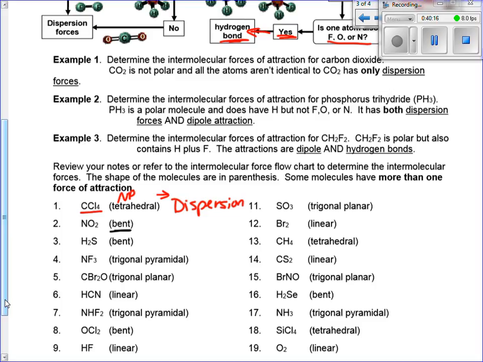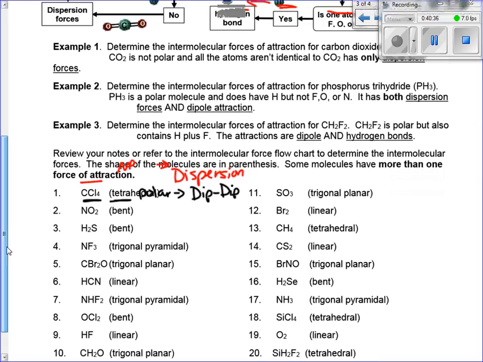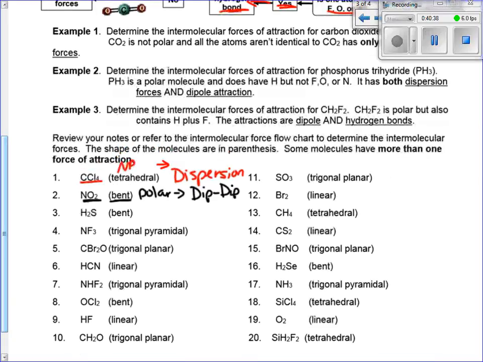It's going to be polar because it has lone pairs. Does that have any H's in it to begin with? No H's means it's just going to be dipole-dipole. Dip, dip. Okay? So follow the chart here and make sure that you are doing this.